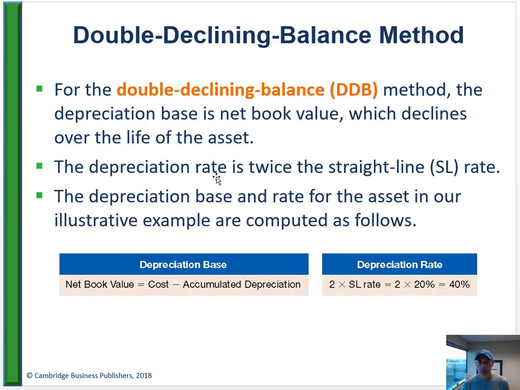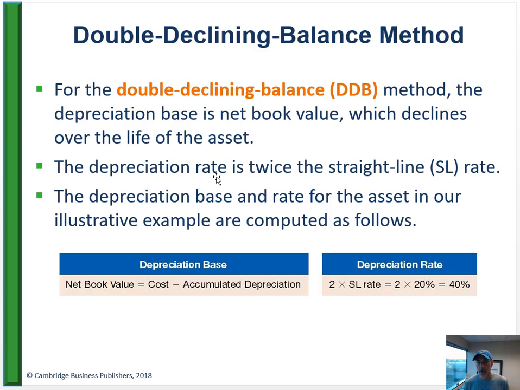Okay, let's look at the second method of booking depreciation expense, which we call the double declining balance method. For this method, you need to be able to go through the exercise we just went through of calculating the depreciation rate for straight line.